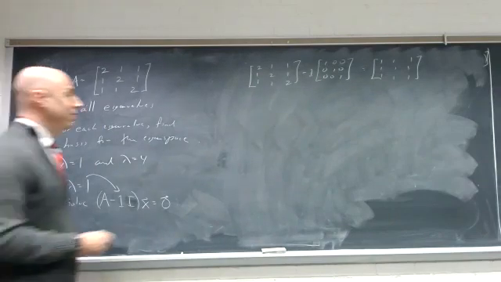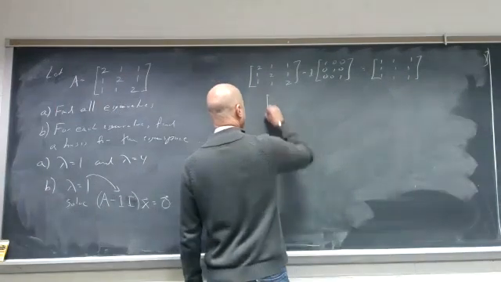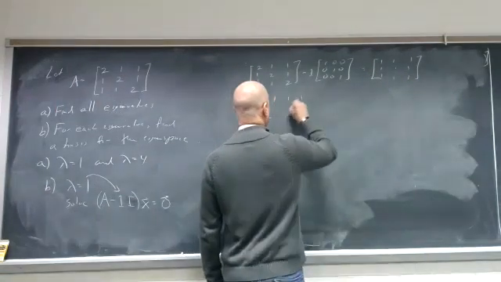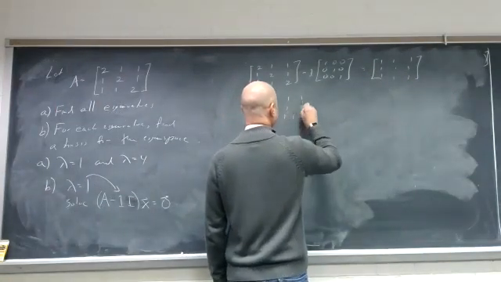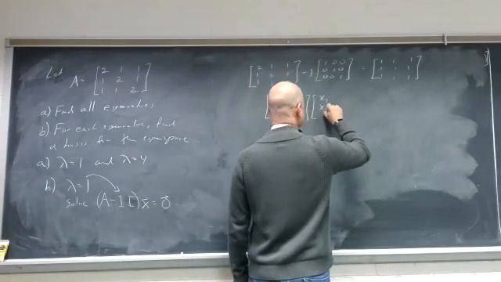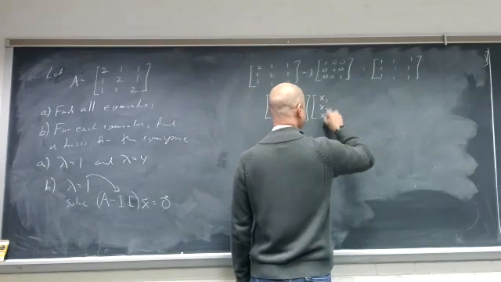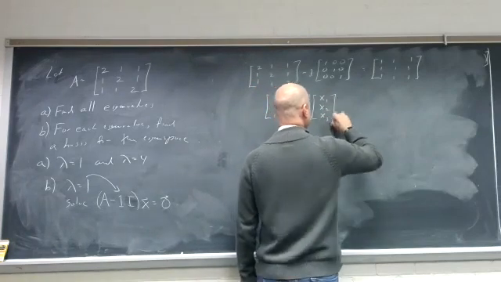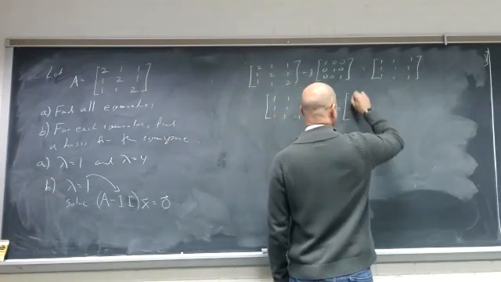And so I want to solve that matrix times x1, x2, x3 equals 0, 0, 0.